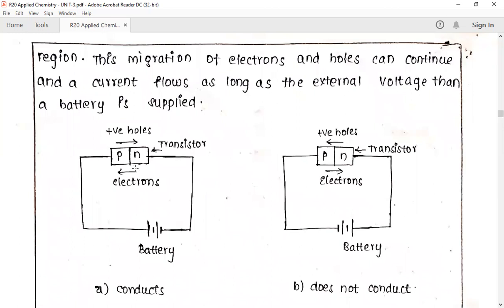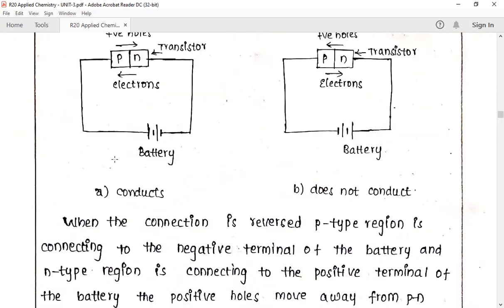Because the electrons are moving in this direction, towards the depletion layer or depletion region, this migration of electrons and holes can continue, and the current flows as long as the external voltage from a battery is supplied. So this phenomenon is known as forward bias.